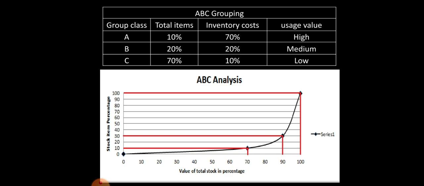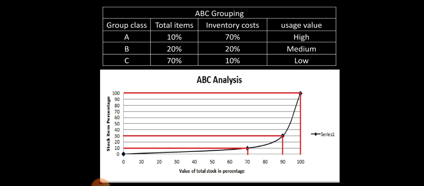The class B or group B items are 20% of the items, which constitute 20% of the inventory cost, and are classified as medium usage value items. The class C items are the ones which constitute 10% of the inventory cost, and the total items will be 70%, and they are low usage items.